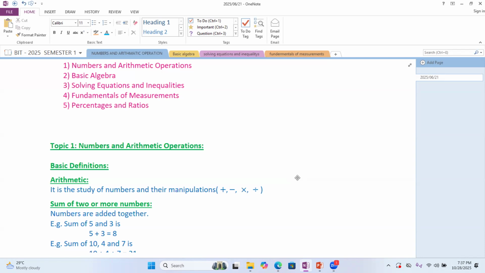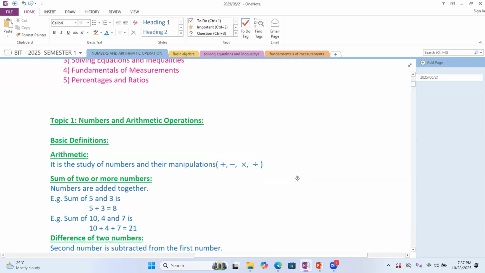So we can add more numbers. For example, the sum of 10, 4 and 7. Then we add these 3 numbers. 10 plus 4 plus 7 is equal to 21.